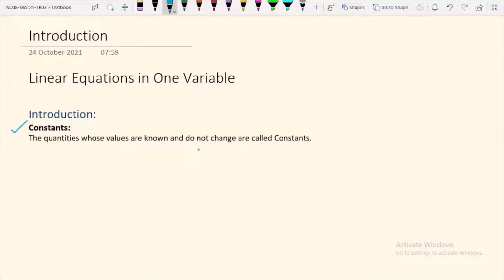The first topic is constants. We should know what we mean by constants. The quantities whose values are known and do not change are called constants. Any quantity, whether in the form of rupees, that is an amount, or any number of objects, if you know the value and the value doesn't change, is called a constant.